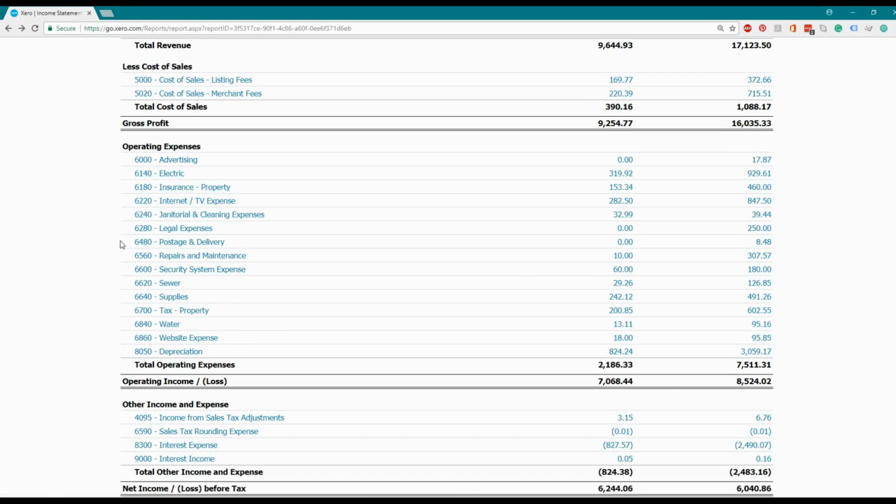If you pay employees, you'll see a section for salaries and wages. You'll also see a section for payroll taxes that were paid by the business. You know that you have to match their Social Security, for example. That's an expense your business has to pay, so that would be shown in this section.